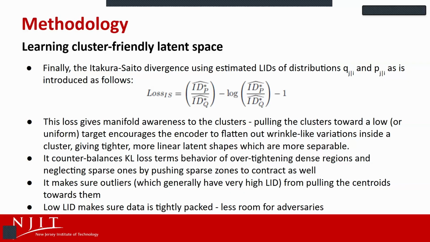Keeping LID low everywhere will make sure the bigger clusters do not cover the smaller ones. We have all these theoretical guarantees for using the Itakura Saito divergence loss, but the practical viability is yet to be explored, which I will do in the next few slides. So this is how I introduce all the new losses to my autoencoder model to learn cluster-friendly latent spaces.